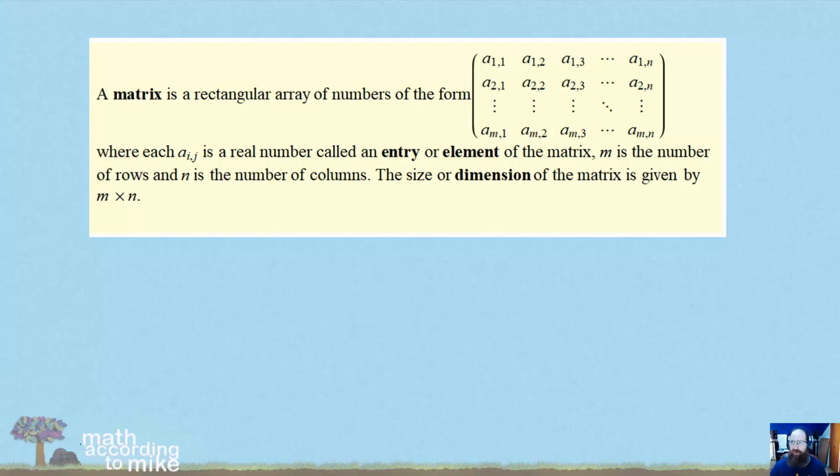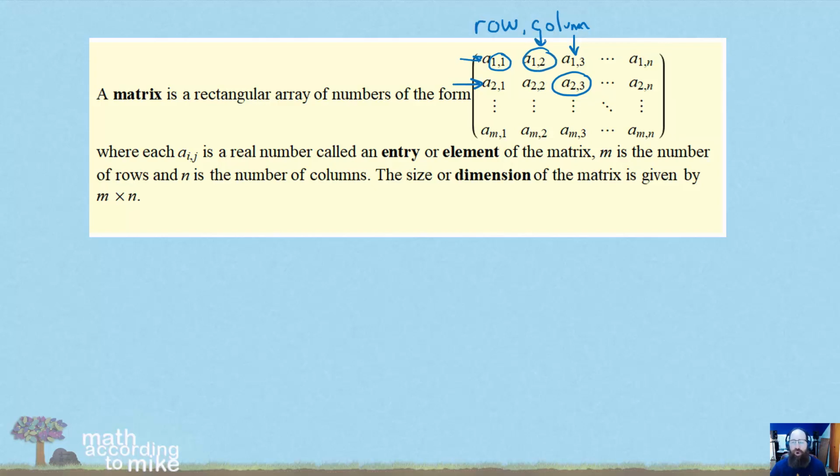All right, so what's happening here is these are little subscripts, and these subscripts tell you the row, comma, the column that the number is in. So a sub 2, 3 means the 2 is the second row, the 3 means the third column. 1, 2 means first row, second column.